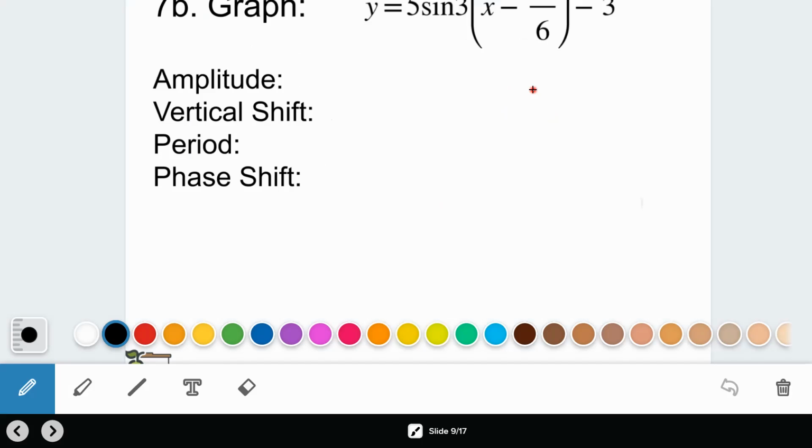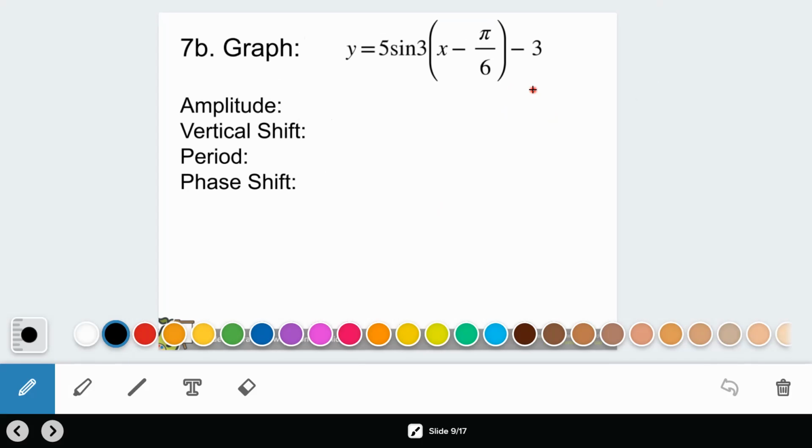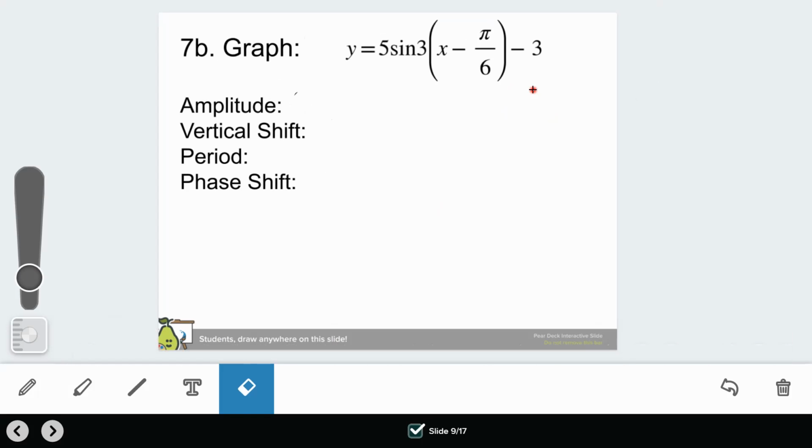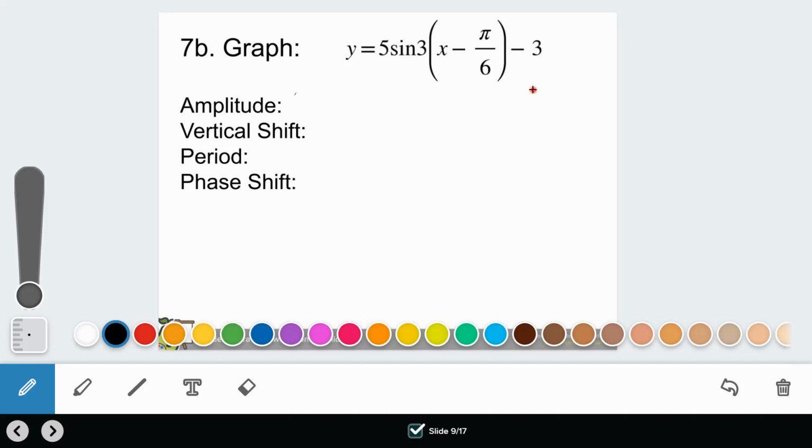And so on this one, our amplitude is 5. Our vertical shift is going to be -3. Our period is 2 pi thirds.